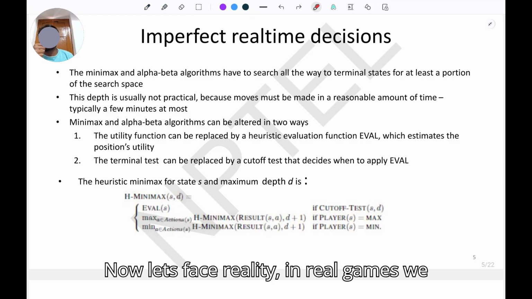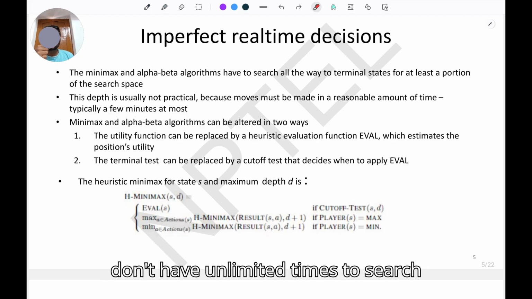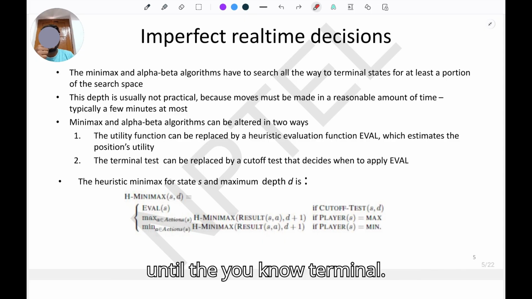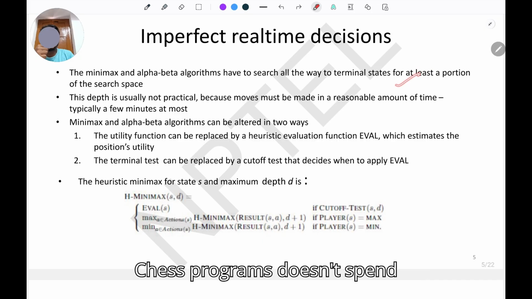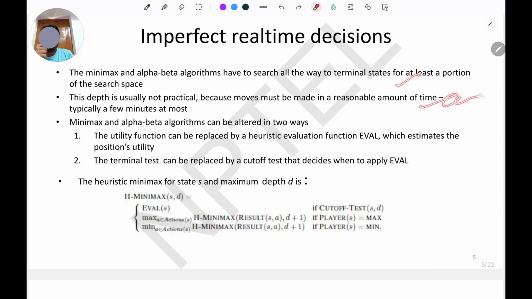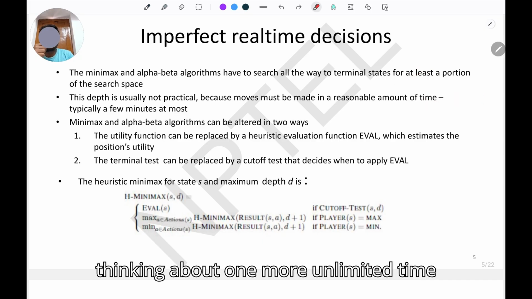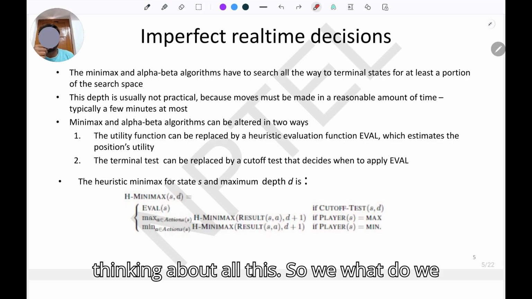Now let's face reality. In real games, we don't have unlimited time to search until the search reaches the terminal stage. Chess programs can't spend unlimited time thinking about all this.